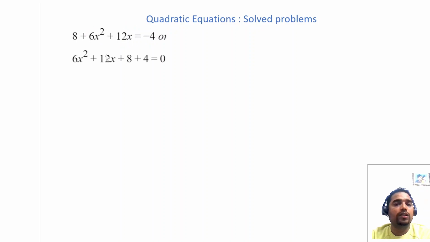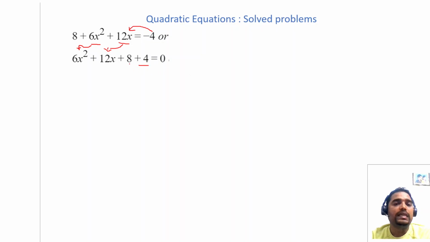Now let us see what happens upon simplification. That is why I have written 6x^2 as the first term, followed by the second term 12x, and then this 8 as it is, and -4 upon transpose to the LHS becomes +4. So that is why we see here a fourth term, +4.